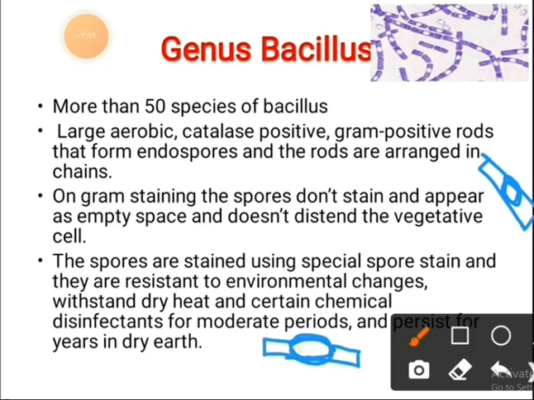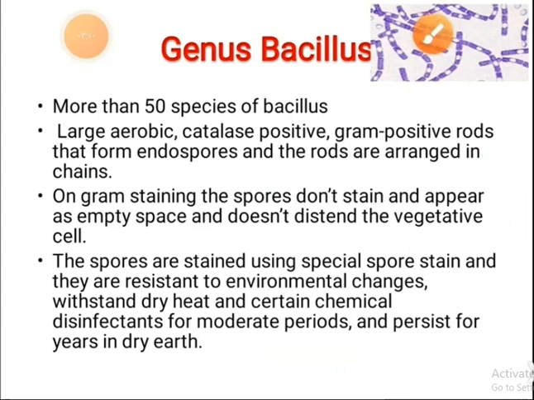The spores are stained using a special stain, which is called the spore stain.